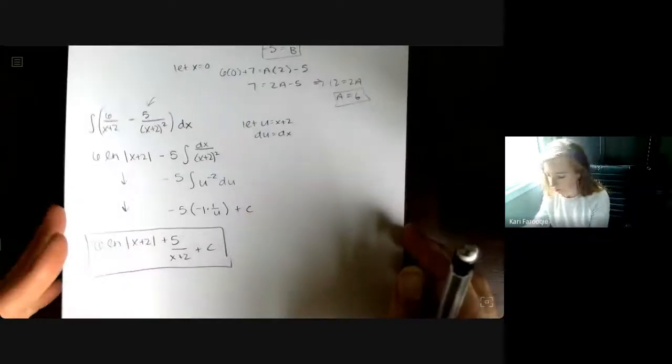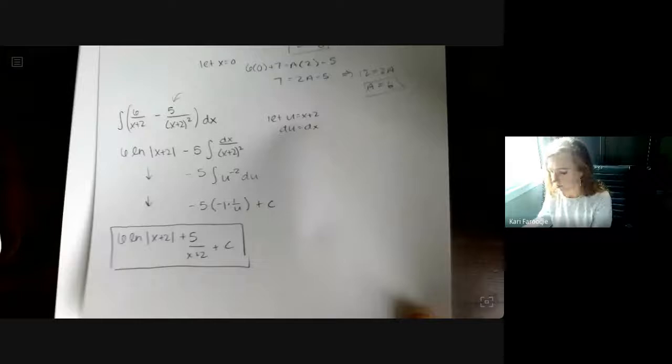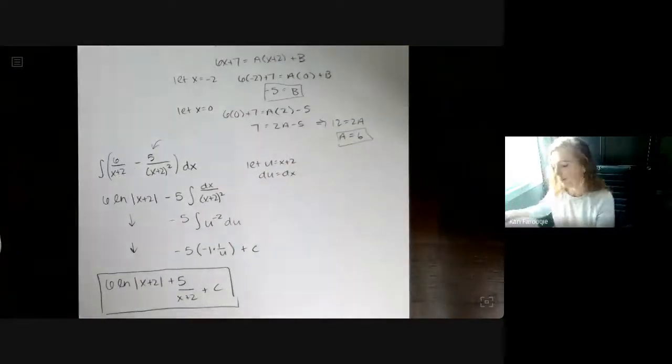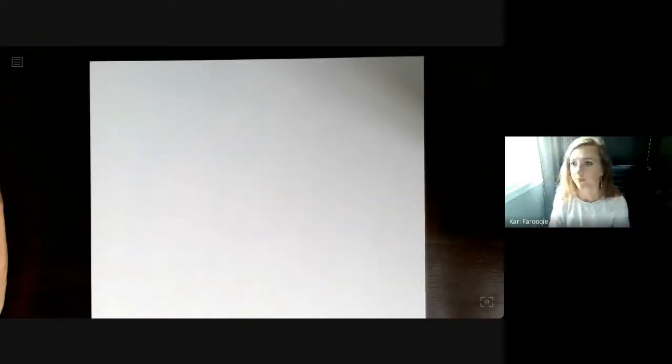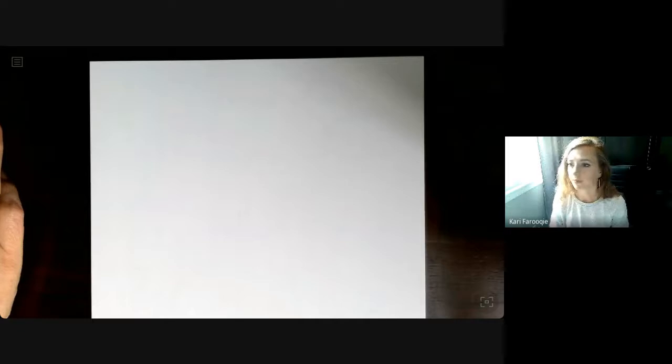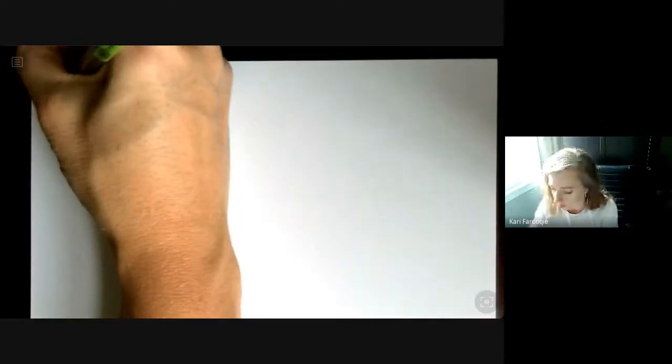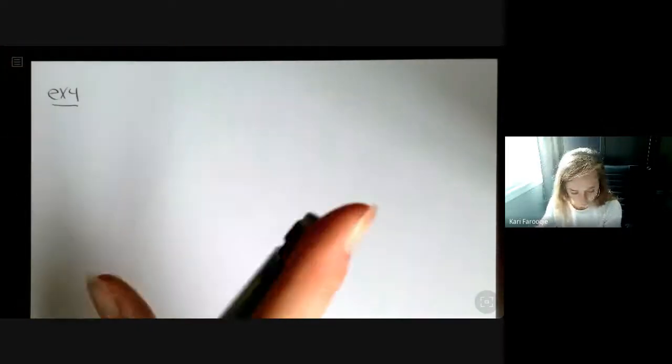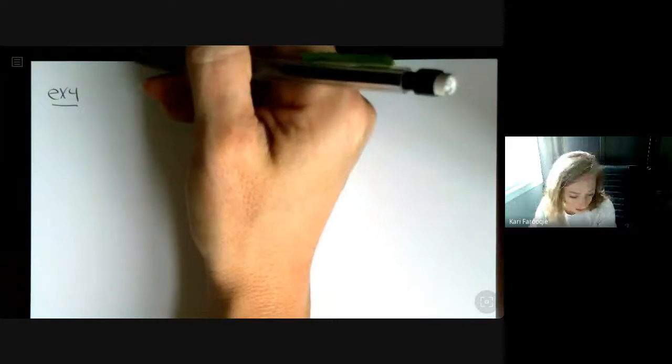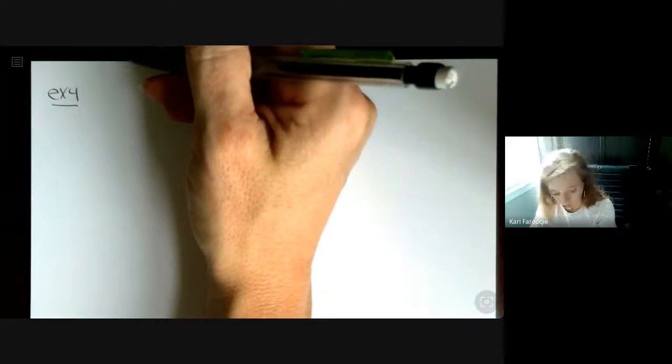Okay, so let's do a combination here of these things. Get into the nittier grittier here. So this one is going to be example 4. And we are going to include a quadratic factor here.